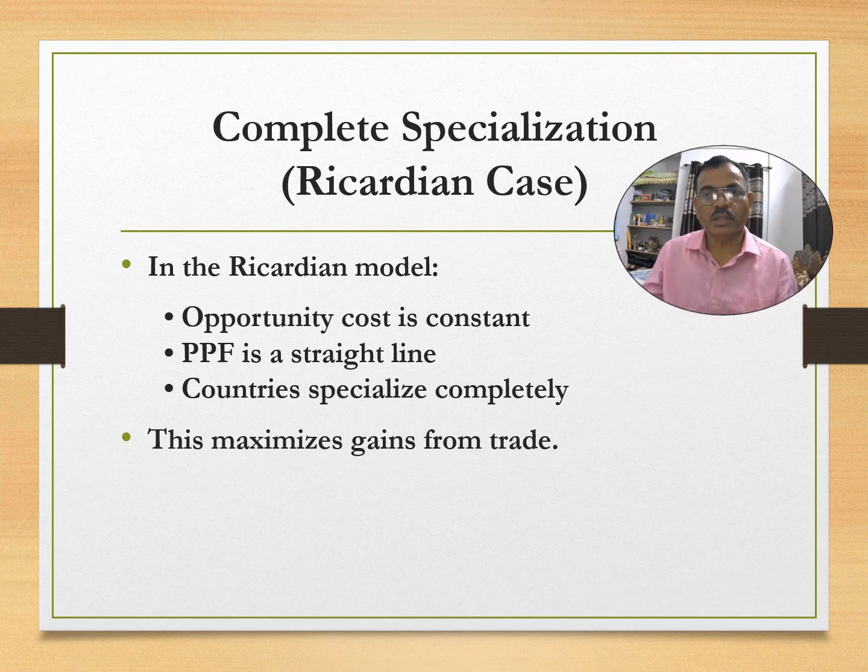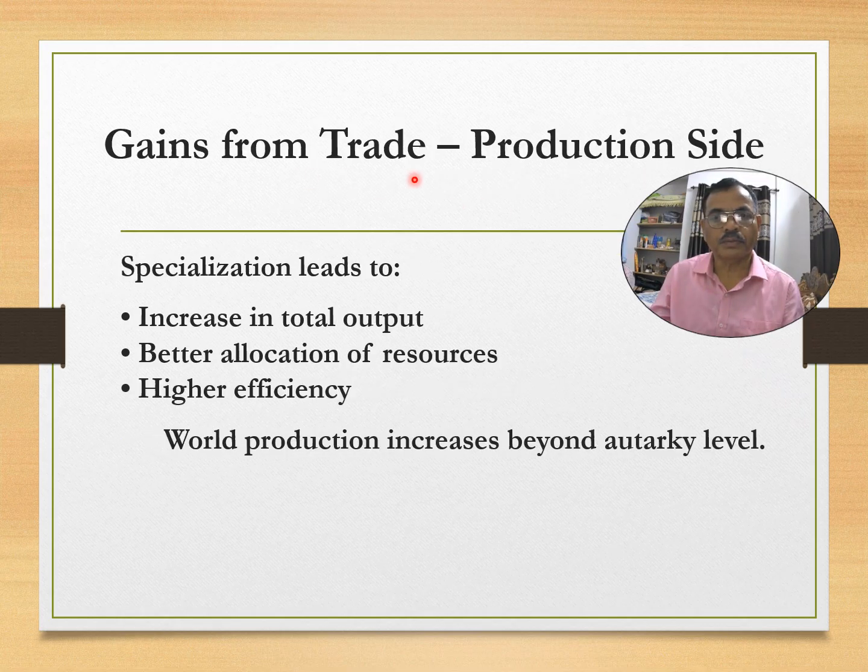Now let us examine the gains from trade more carefully. From the production perspective, gains arise because specialization increases total output.